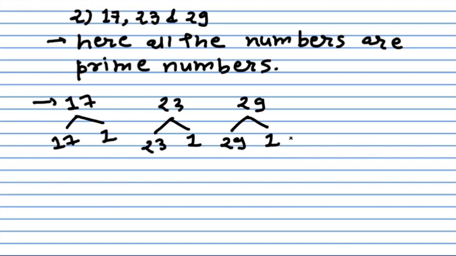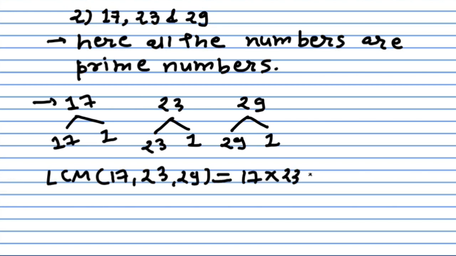So here the LCM of 17, 23 and 29 is the multiplication of all these three numbers, that means 17 multiplied by 23 multiplied by 29. So it is 11,339.